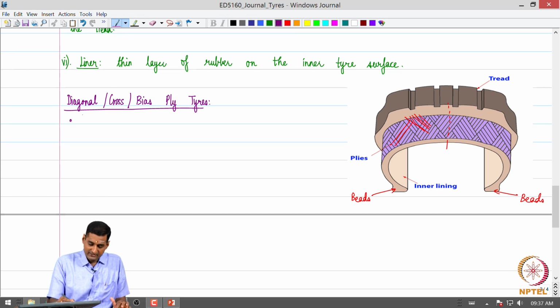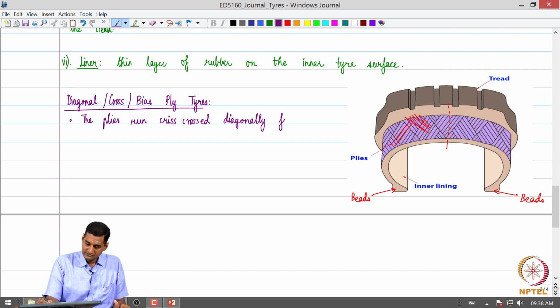So the plies run crisscrossed diagonally from one bead to another.